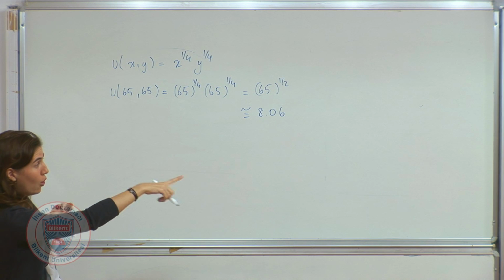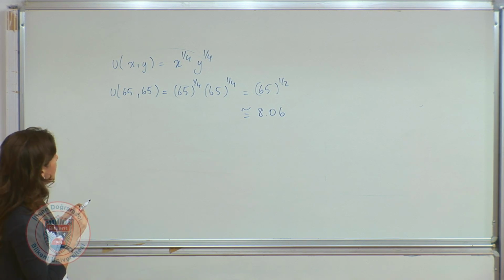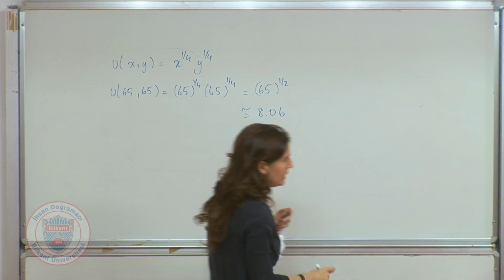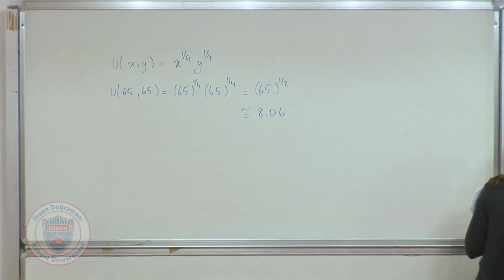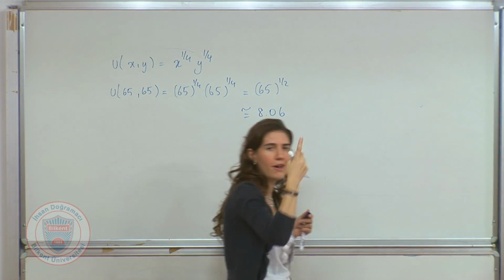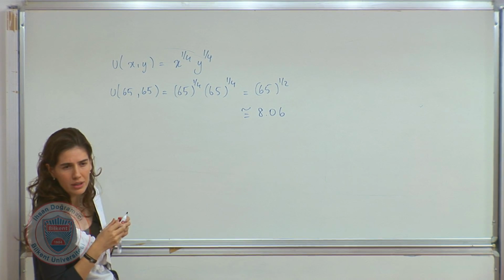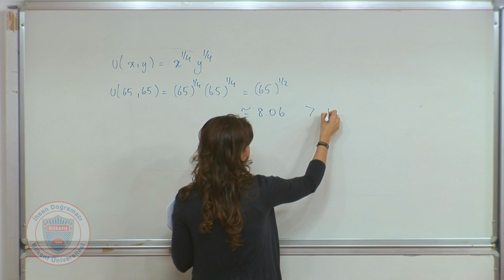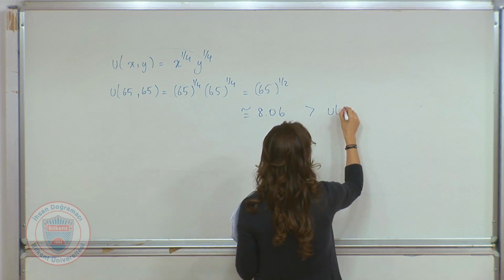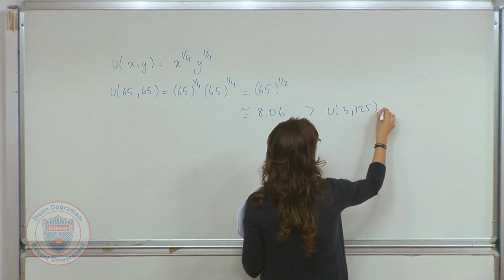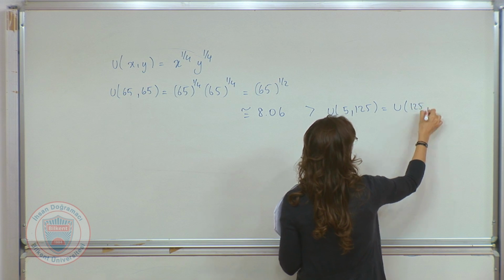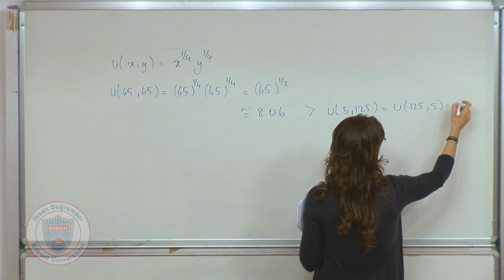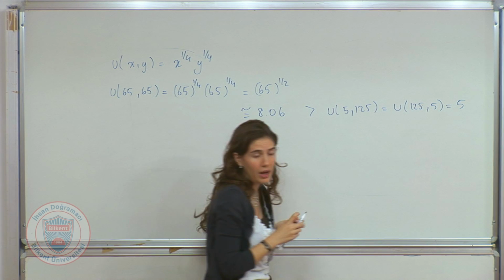But we know that all these bundles, for instance, x1, x2, right? These guys, like 5, 125 or 125, 5, they were all giving utility level 5, right? So you see that obviously u of 5, 125, utility 125, 5, which is equal to, right? We said 5, right?